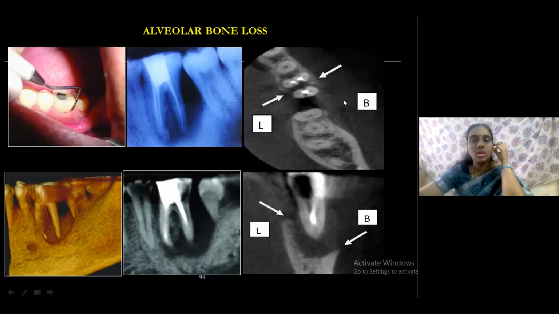It looks like a periodontal abscess, and see the axial and 3D sections, which clearly show the bone loss levels. And this is a cross section which shows the buccal and lingual relationship of the bone loss around the tooth. So this is an extra advantage for the patient while referring cases with periodontal compliance.